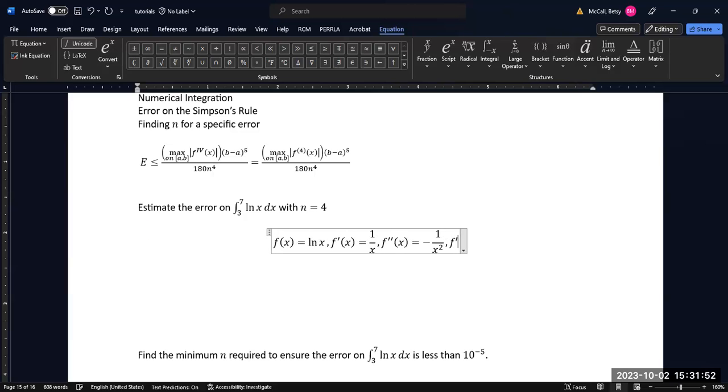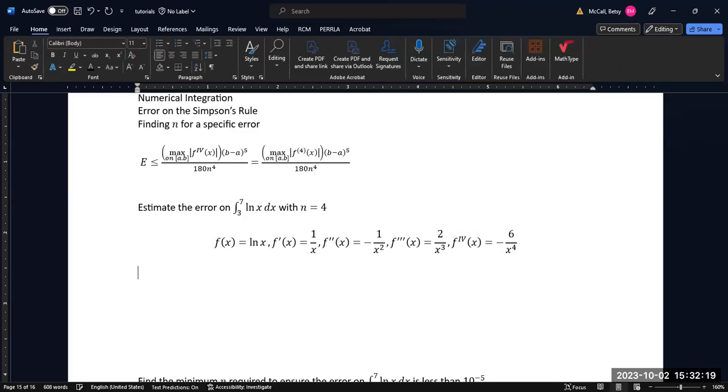And then the derivative of that is going to be 2 over x cubed in the denominator. And then the fourth derivative, however you want to notate it, is going to be negative 6 over x to the fourth.